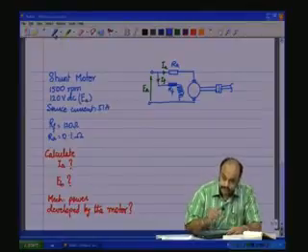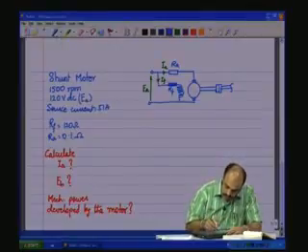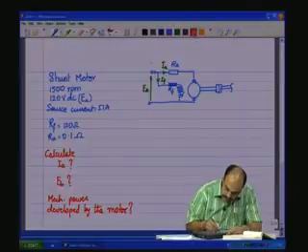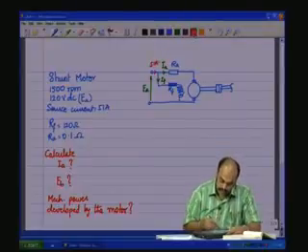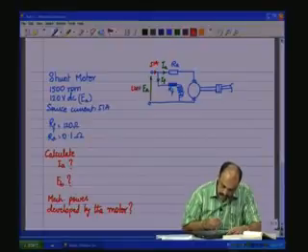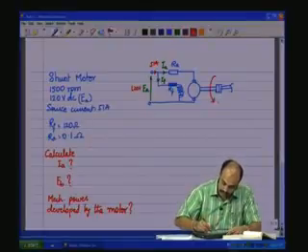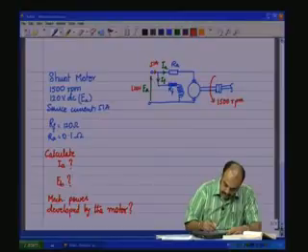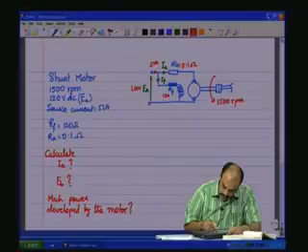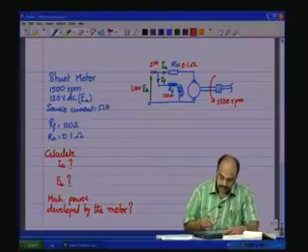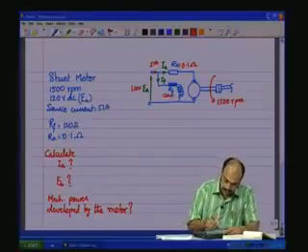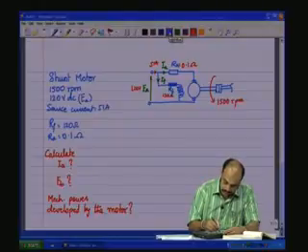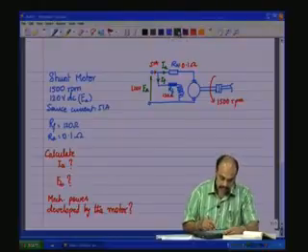So now what we have is, this is 51 amps. We have 120 volts, and this is rotating at 1500 RPM. Now RA is 0.1 ohms and RF is 120 ohms. And now let us calculate first IA.